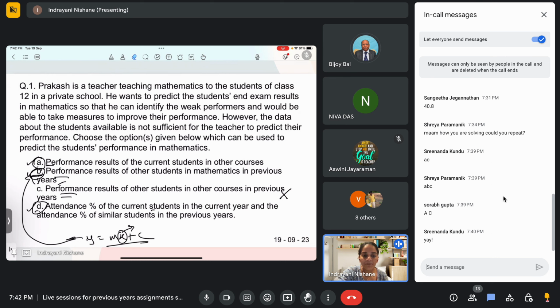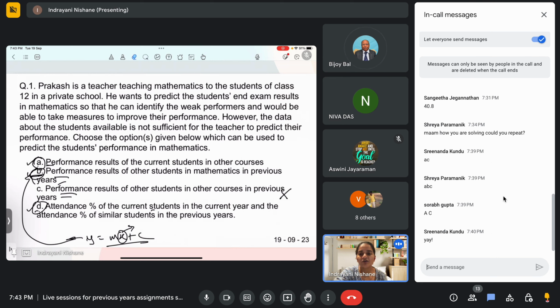Then we can have some relationship between performance in other subjects and performance in maths. So A also makes sense: if we have their performance in other subjects, we can have some linear regression model in order to predict their performance.